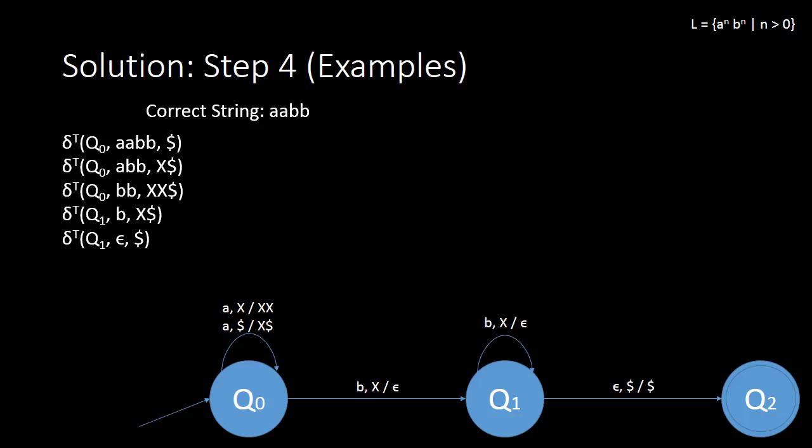Now we are in state Q1, the input is epsilon and the stack top is dollar. So according to our diagram, if such a case occurs, then we keep the dollar as dollar and we move to state Q2. So we move to state Q2, epsilon remains epsilon because there is nothing like removing epsilon.